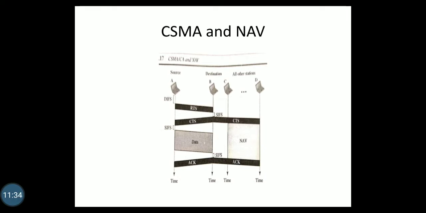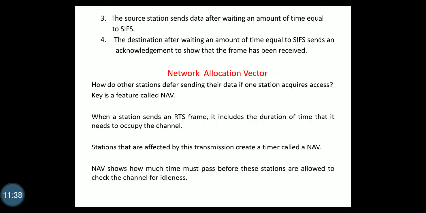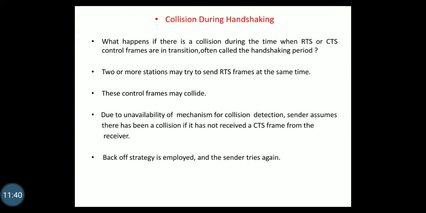Next we'll discuss collision during handshaking. The question is, what happens if there is a collision during the time when RTS or CTS control frames are in transition, often called the handshaking period?